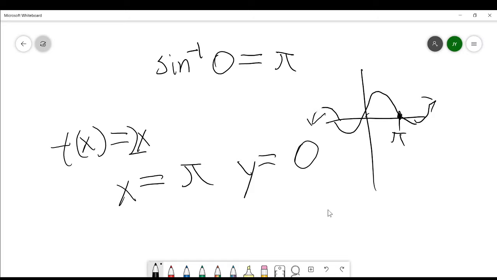So the graph, instead of being here, this would actually just be here. Because the x and y values got switched, you see? It went from (pi, 0) to (0, pi) when you took the inverse of it.